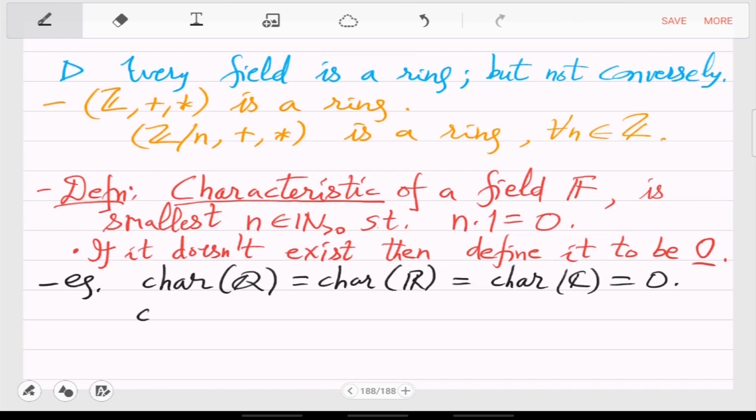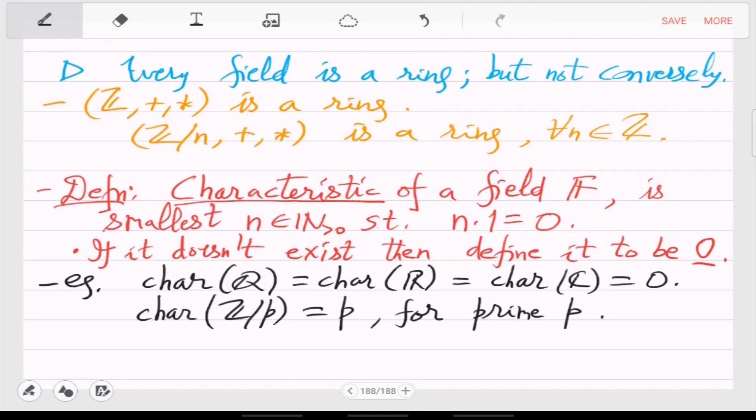And on the other hand, characteristic of the Z/P for a prime P field is what? This is P. Right, so this is the difference between these finite fields and infinite fields, or the real kind of fields. The real fields have characteristic 0, while these unreal fields have characteristic of prime number.